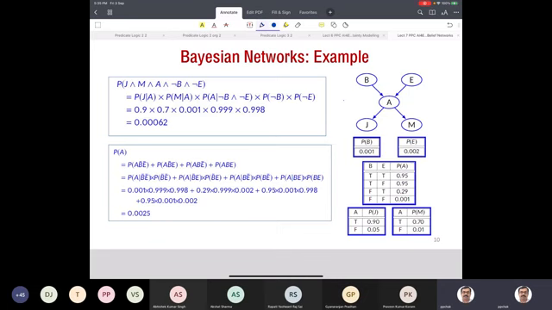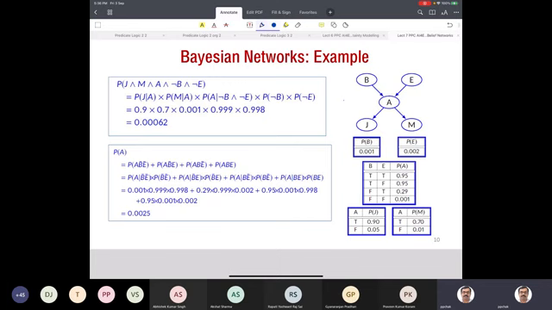Since we know who is dependent on what and the tables are given, P(J, M, A, not B, not E) can be solved as P(J given A), because A is true, so I don't need to bother about not A. Then for P(M given A), I only need to look at M given A. Then P(A), I need to only look at the not B and not E case, and P(not B) and P(not E).